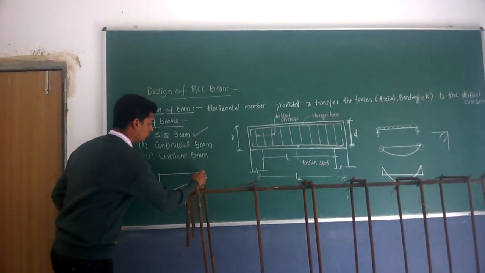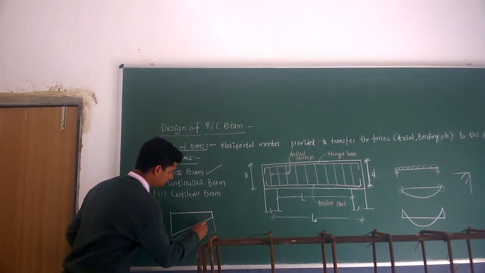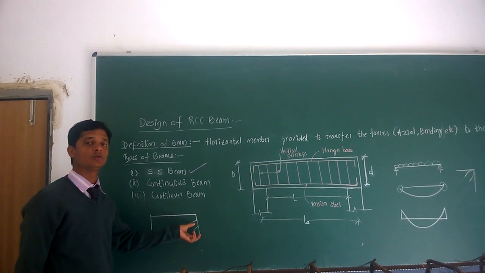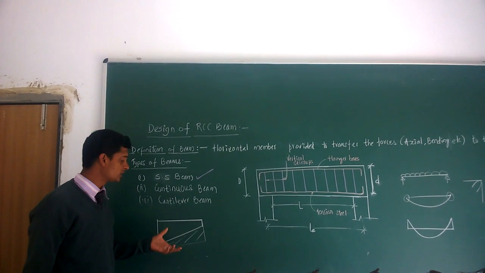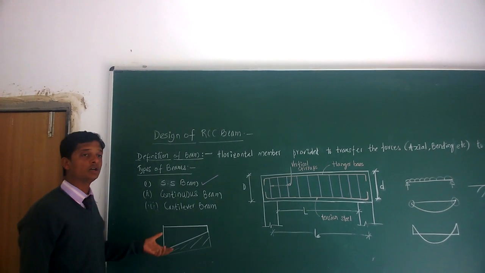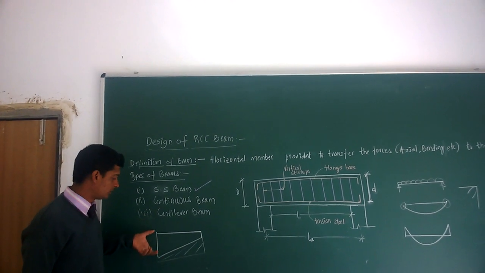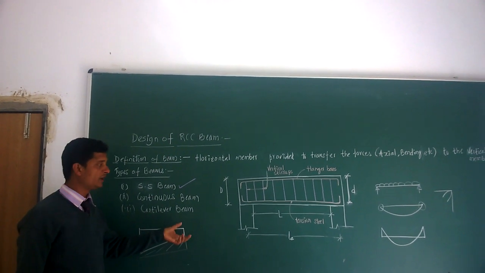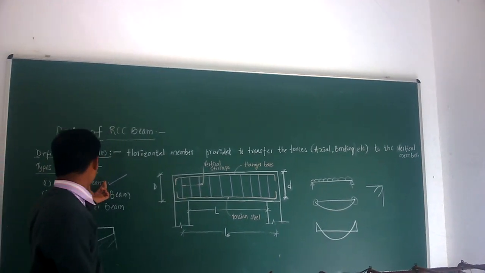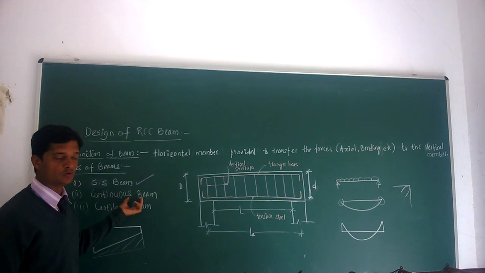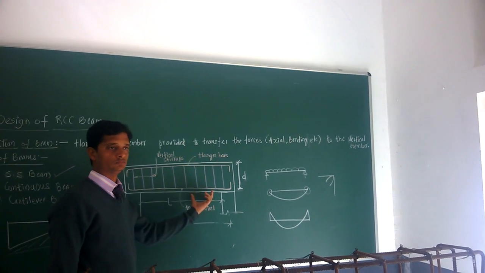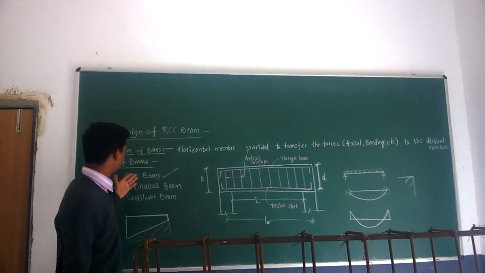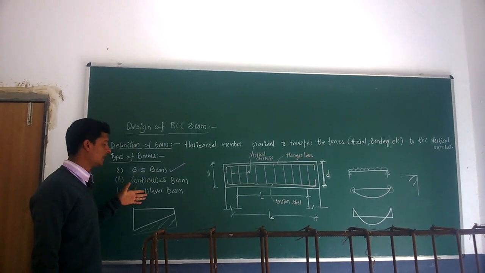If you provide a uniform depth, that is a loss of material, and that section will be uneconomical. So in case of cantilever beam, we provide a varying depth, maximum at the support, minimum at the free end. But in case of simply supported beam or continuous beam, we provide uniform depth. So this is the basic difference between a simply supported beam, continuous beam, cantilever beam.